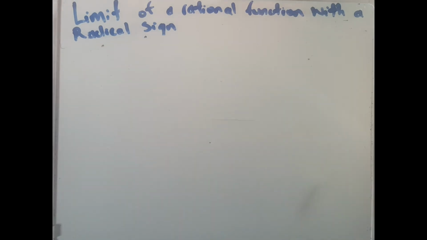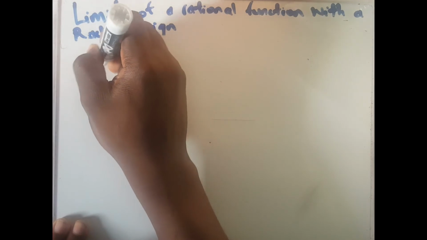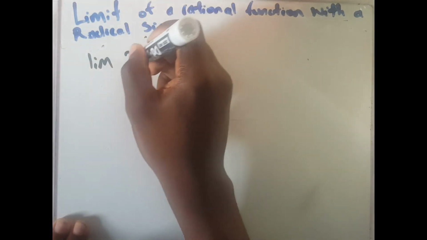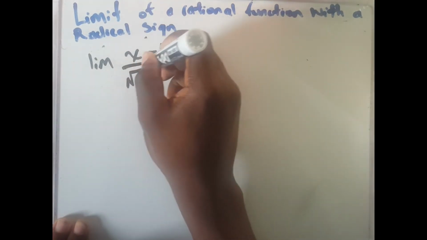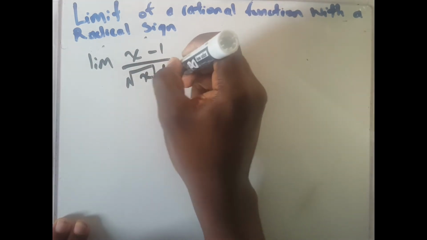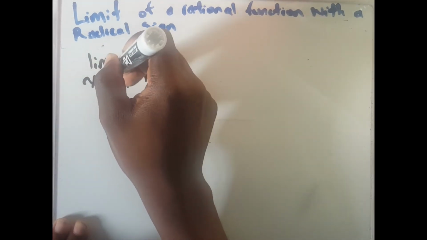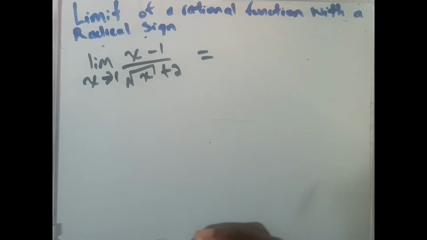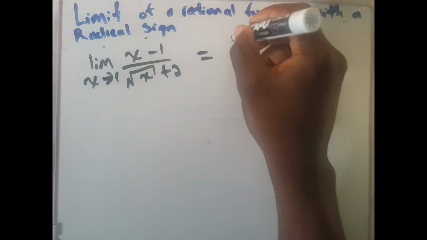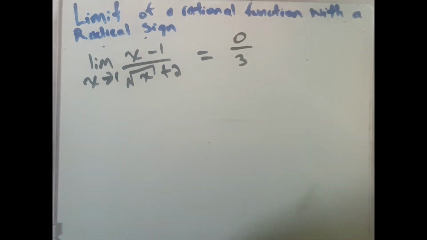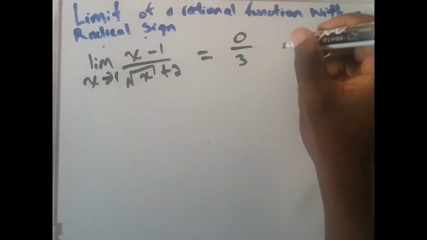So here's a question. The limit of x minus 1 over root x plus 2 as x approaches 1. If I directly substitute 1, I would have 0 over 3. And 0 over 3 is not undefined, but I'd get a 0.